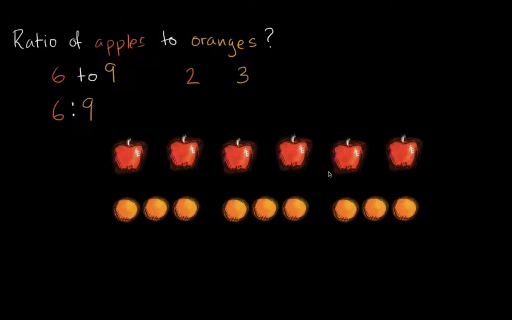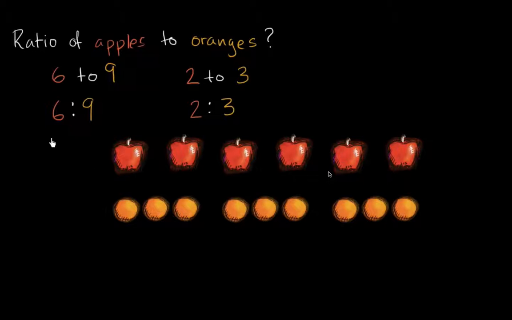So we could also say that the ratio of apples to oranges is 2 to 3, or if we want to use this notation, 2 to 3. Now does that make sense? Well, look, we divided each of these groups into 3.